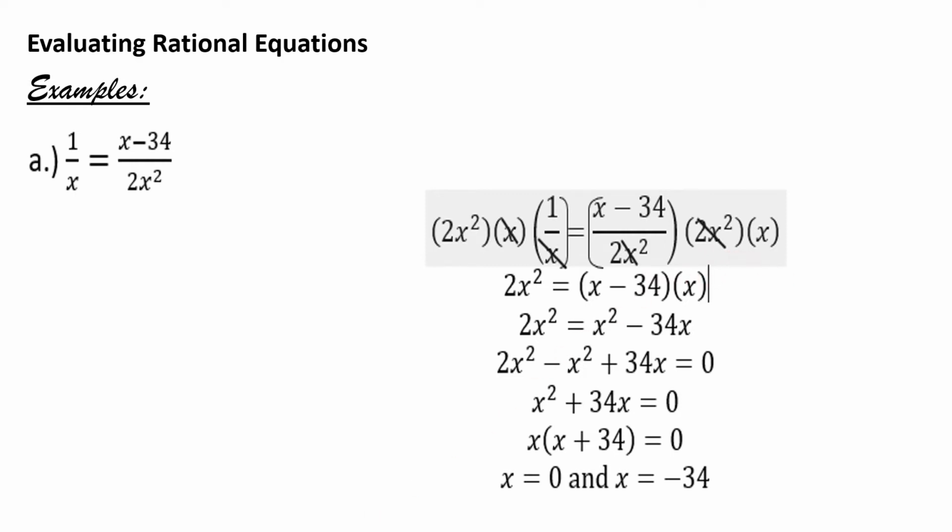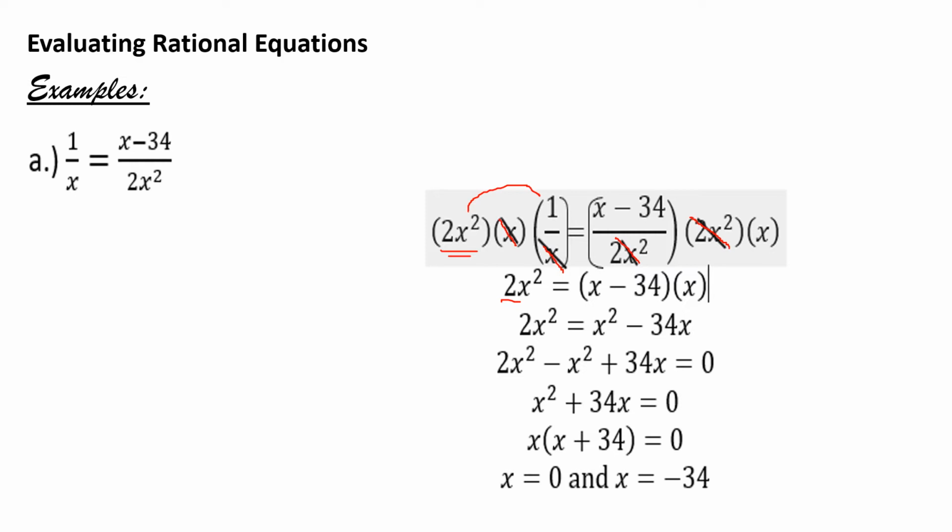Then simplifying, x divided by x is 1, and we remain with 2x squared times 1, so the answer is 2x. Then 2x squared divided by 2x squared becomes 1, and 1 times x is x, so we have the remaining quantity of x minus 34 times x.